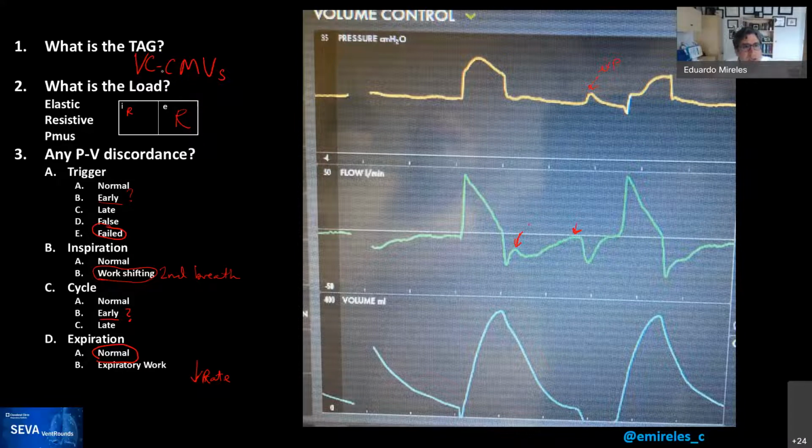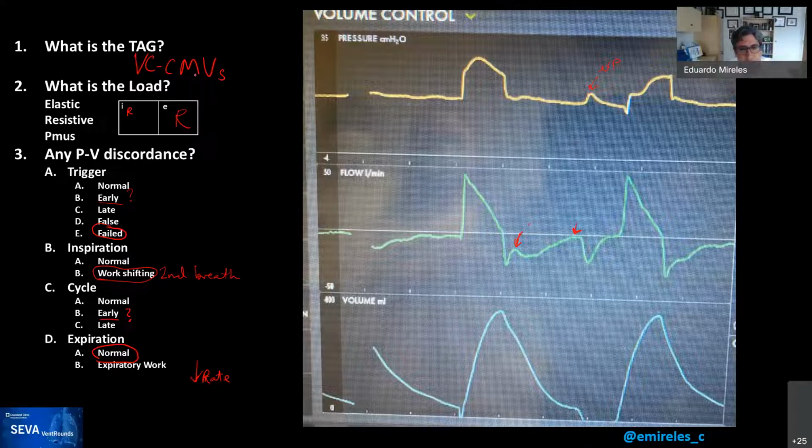So you said the tag was volume control, and you appropriately recognized that the flow waveform is not perfect in your two breaths, and you recognized that this is a Servo U, and that when we put in the tube compensation, it will modify how your waveforms look in the presence of effort, trying to represent a simulated curve of what the trachea is seeing. That's according to their engineers.